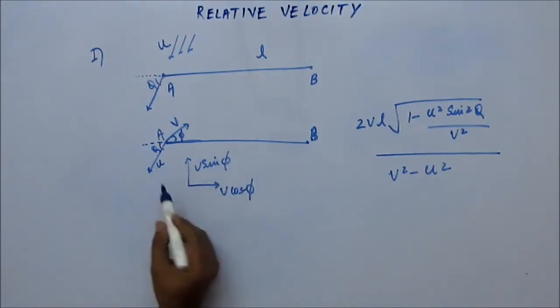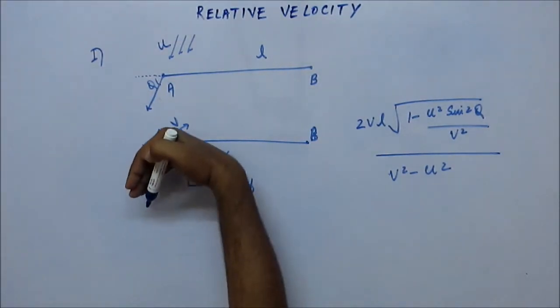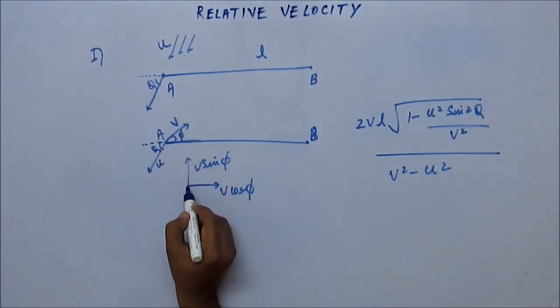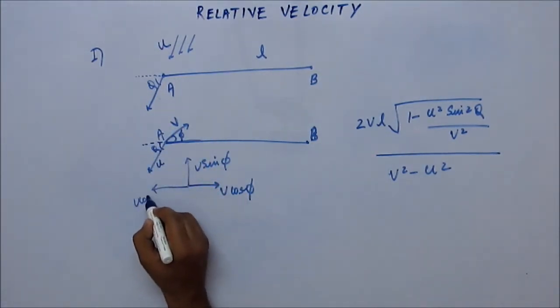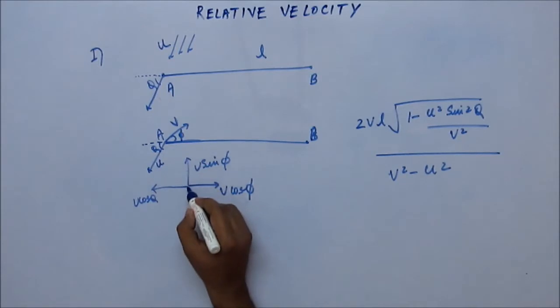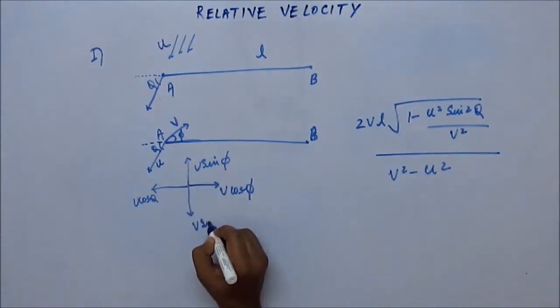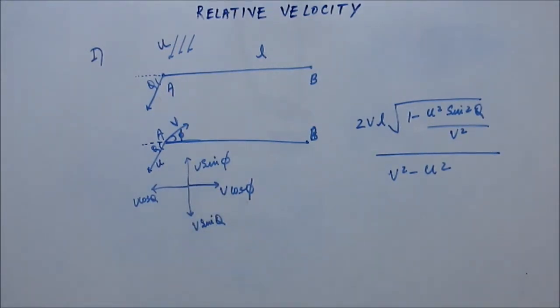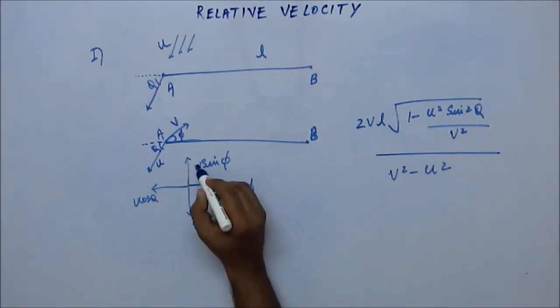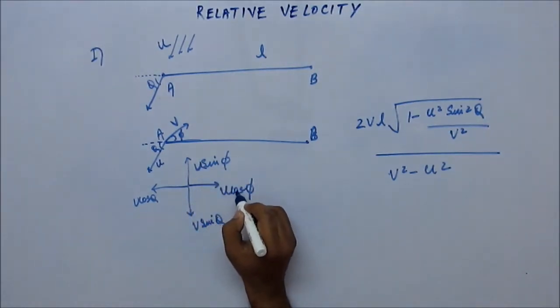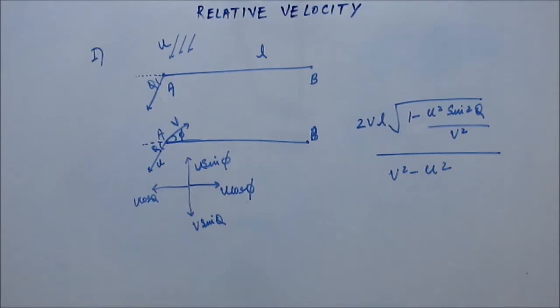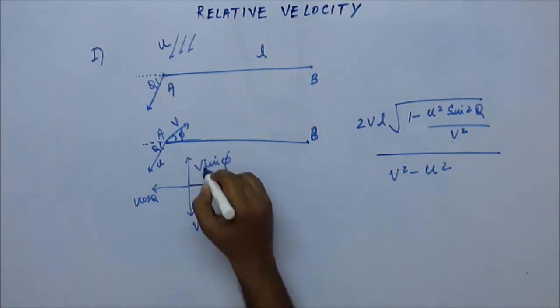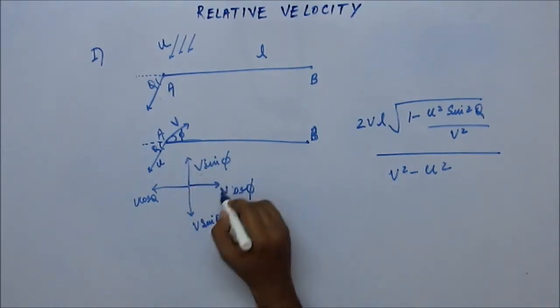If you break this velocity vector, it will be broken as U cos theta, and this would be U sin theta. This is V, and this is U.